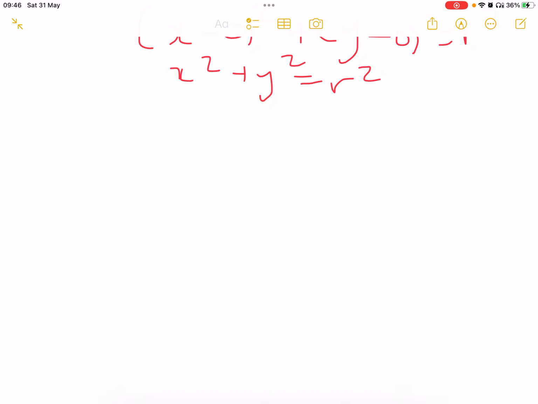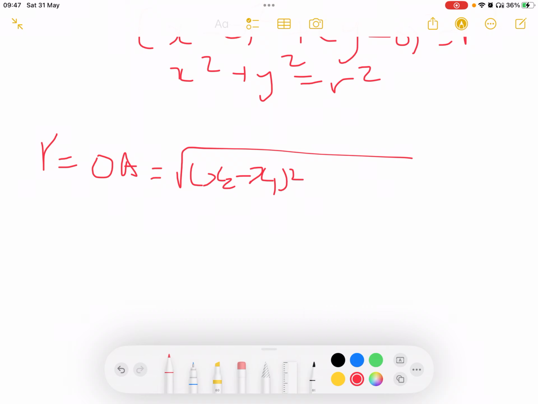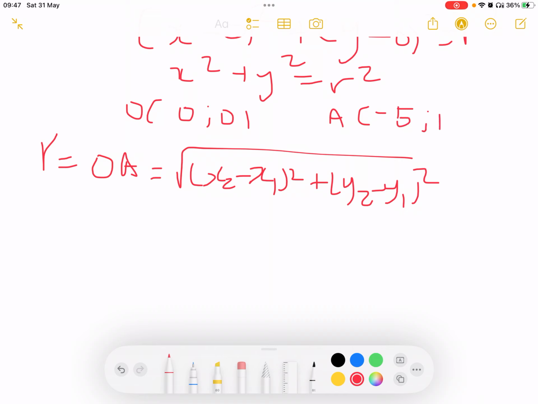So the radius r is given by the length of OA, or distance, which can be found by determining the square root of (x2 minus x1) squared plus (y2 minus y1) squared. Now you have O, which is (0, 0), and A, which is the point (negative 5, 12).